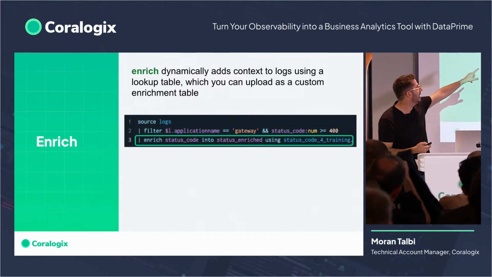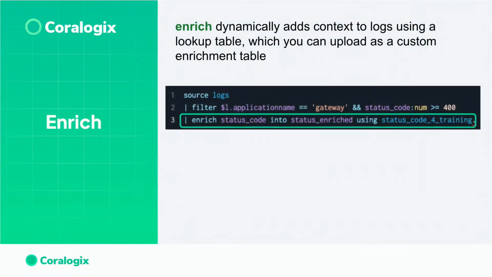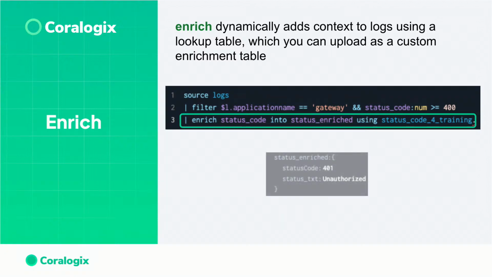Now I have run this query. I created this query using the enrich command to enrich the status code field, using what I call status code for training. This is the CSV that we just saw. And this is already the log itself, or actually part of the log.